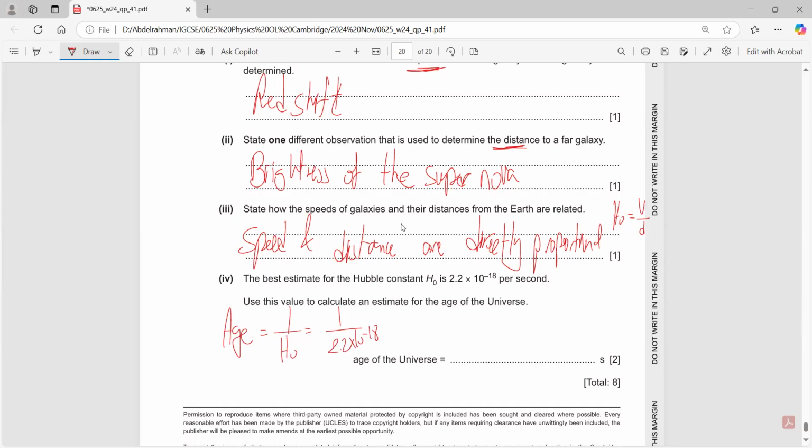Just 1 over 2.2 times 10 to the negative 18, which is 4.5 times 10 to the power of 17 seconds. This is the age. If you want to find the time in years, it would be around 13.8 or 14 billion years.